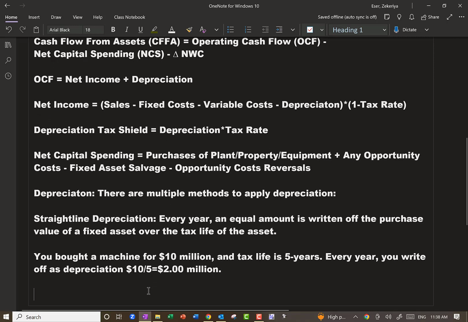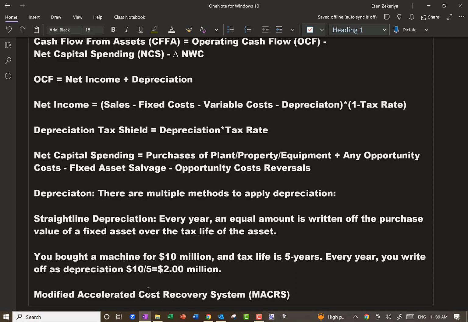Another one is called, let me see, modified accelerated cost recovery system, affectionately known as MACRS.